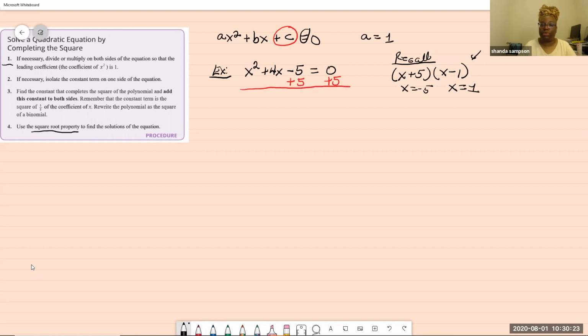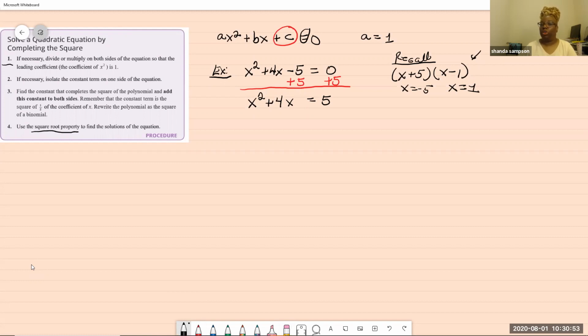That's going to leave us with x squared plus 4x is equal to 5. So that's step 1. You move the constant term to one side of the equation, but I like to say to the right.